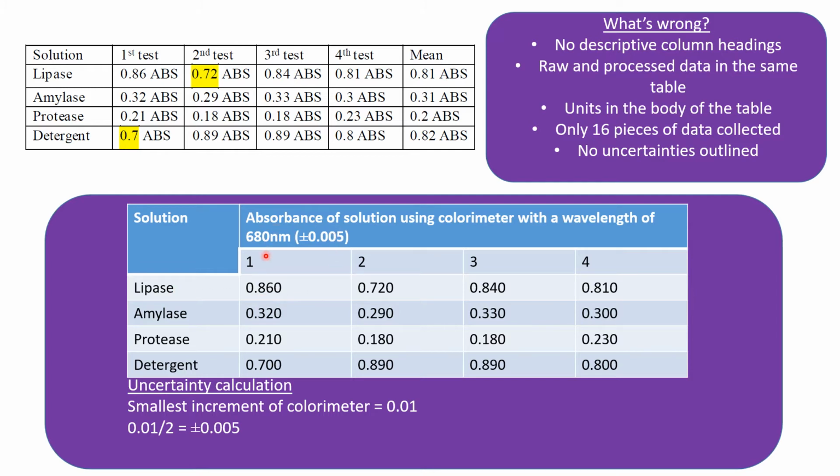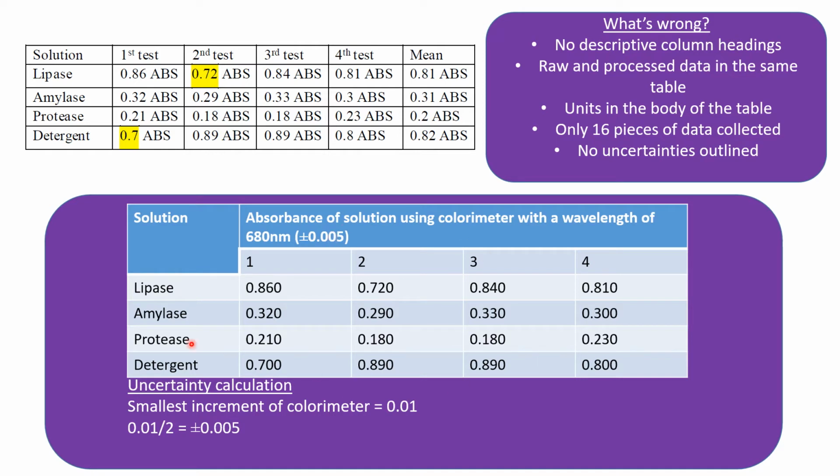You've also got an uncertainty. Now, please be aware that in the body of the table, because this uncertainty is 0.005, so you've got 3 decimal places, they need to be here as well. So you need to put a 0 on the end of everything so that it's consistent with the uncertainty.